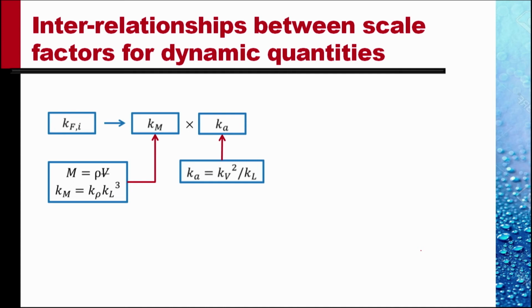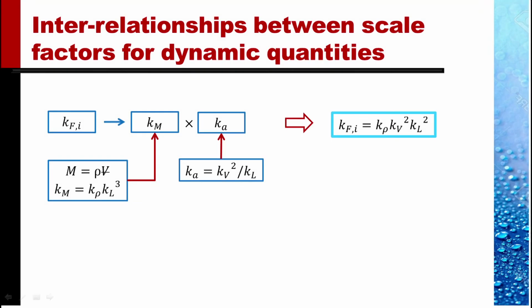So that k acceleration becomes kv square divided by kl. So that kf is equal to k rho kv square kl square.